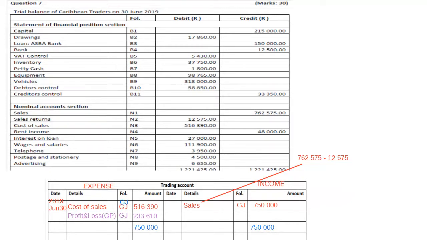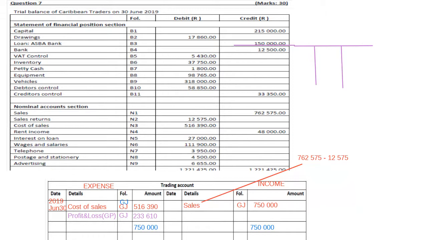Sorry, I'm just trying to draw a line. A general, guys, looks like this. I'm just going to try to squeeze everything here. It has got a debit and a credit. Just bear with me. So this is a debit.